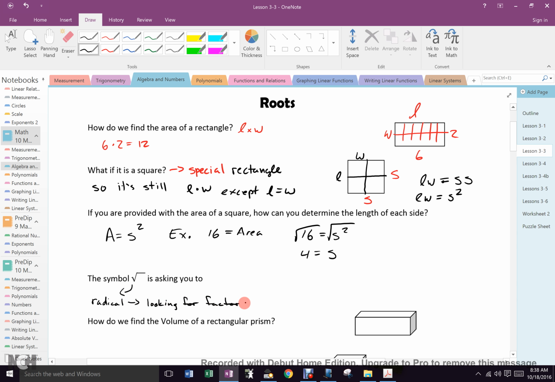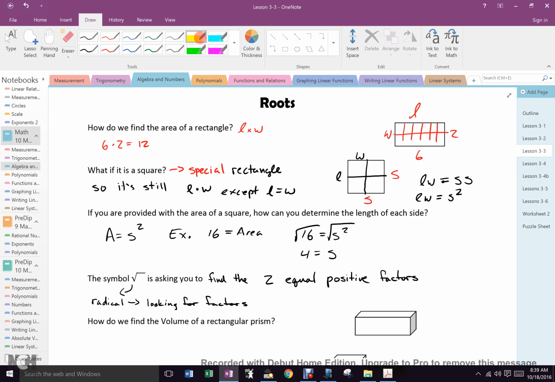Now, we talked about what factors were before. This symbol is asking me, when it's drawn like this, to find the two equal positive factors.